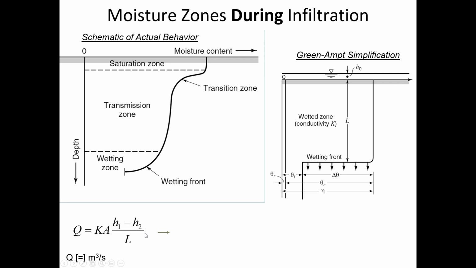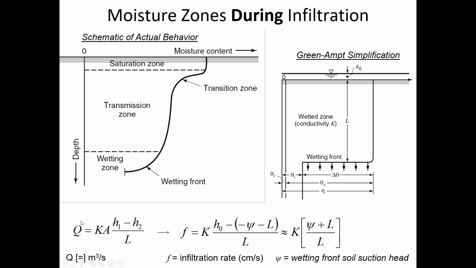And so if, instead of thinking about flow rate in volumetric terms, we take out the A, and we just want to know what's the speed of water moving through the soil, so the velocity, rather than Q equals VA, we just want to know the velocity.